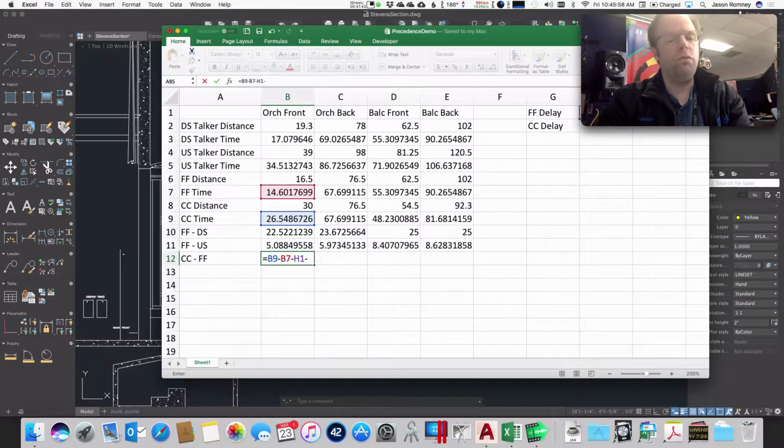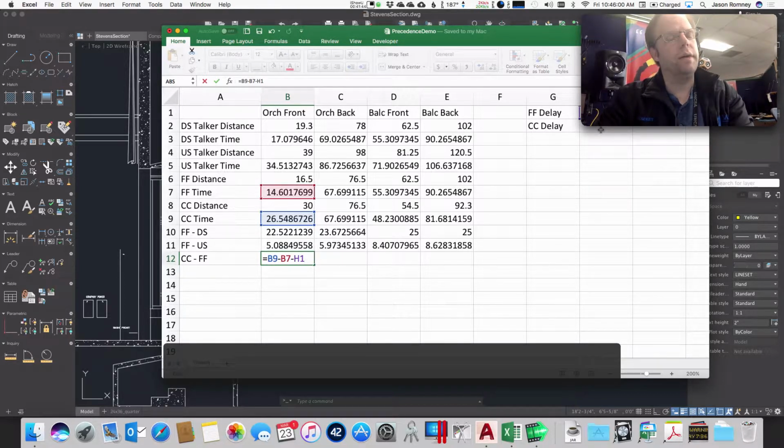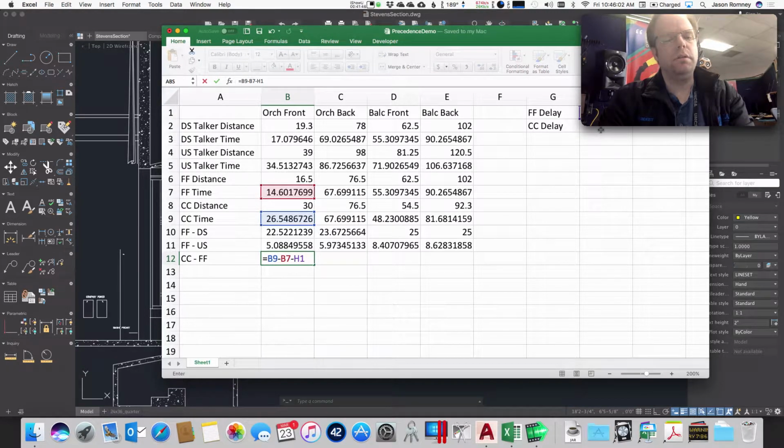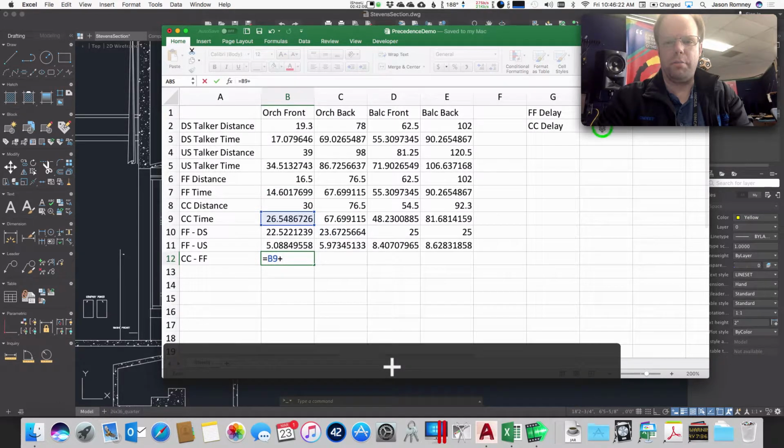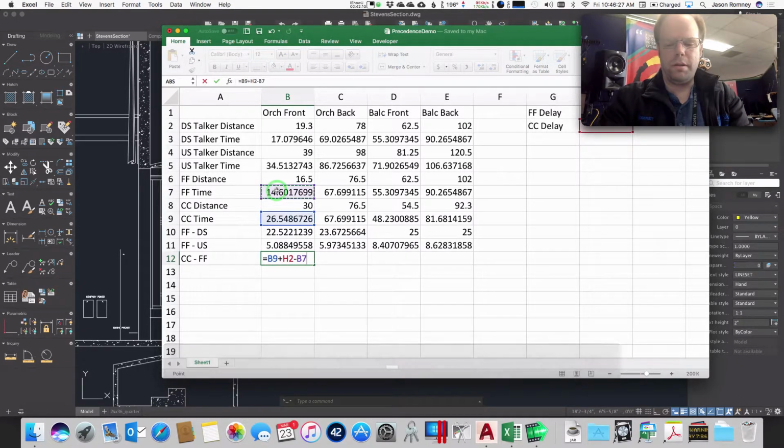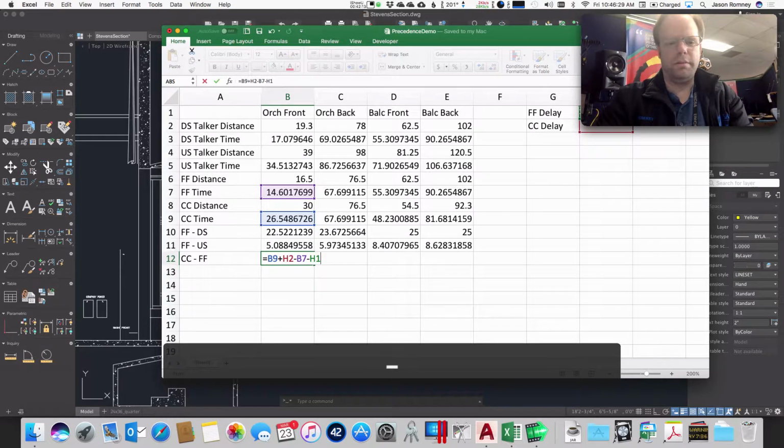Trying to decide if I need to subtract or add the center cluster delay. I think I need to add it. Yeah, because the center cluster delay becomes the bigger number. So center cluster plus the center cluster delay minus the front fill time and the front fill delay.